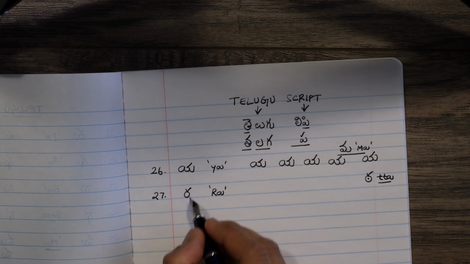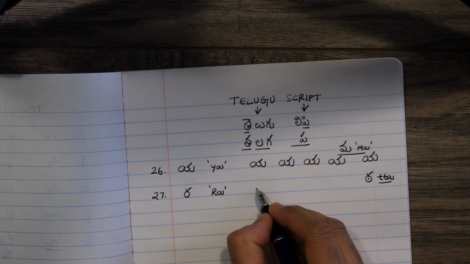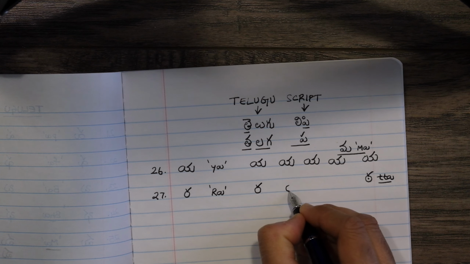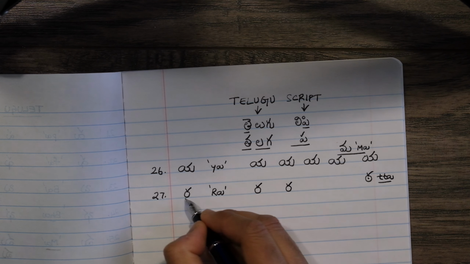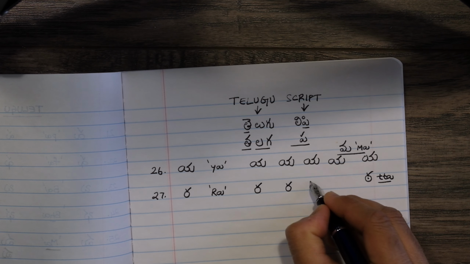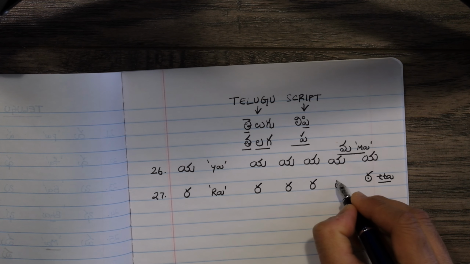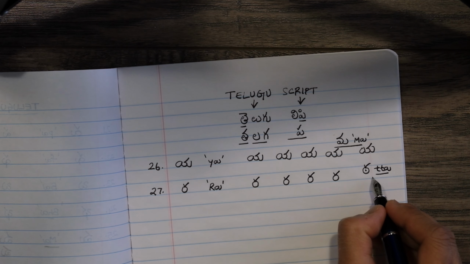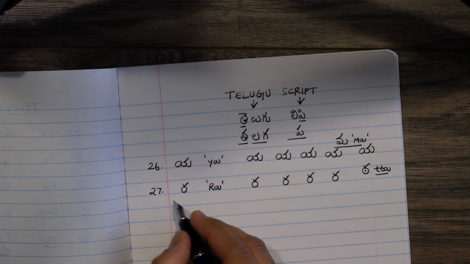Dot in between. There is no dot in between a circle here. It is just a circle and a tick mark. Ra. Ya, ra. Again, ra. This is tha. This is ra.